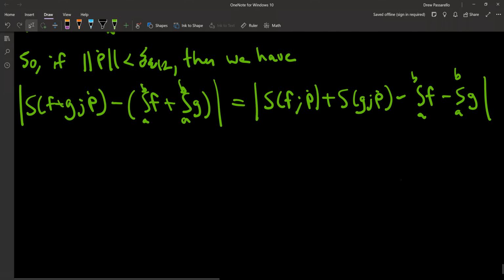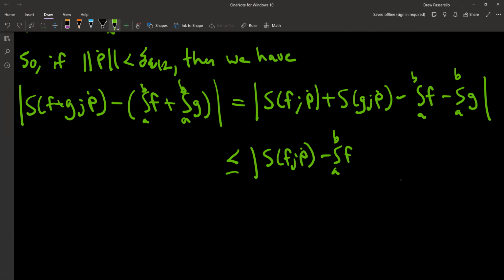By triangle inequality and rearranging the terms, we could say this is less than or equal to the absolute value of the Riemann sum of f minus the definite integral from a to b of f, and the same thing for g.